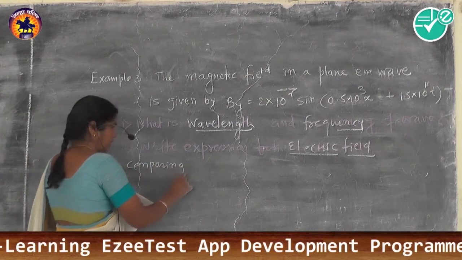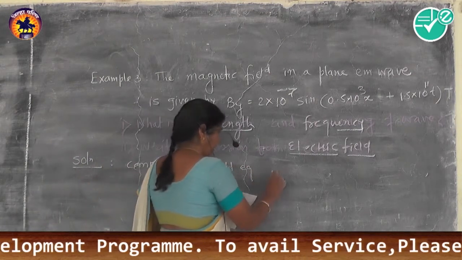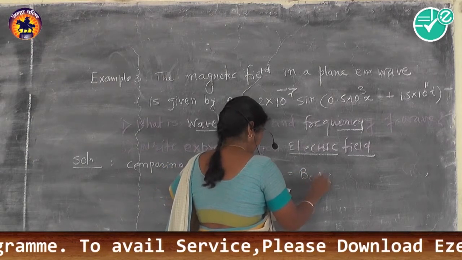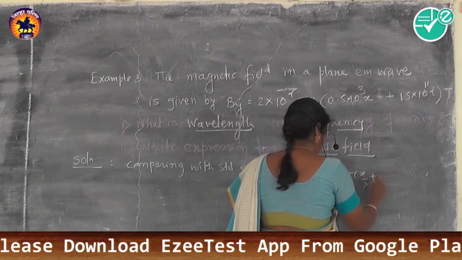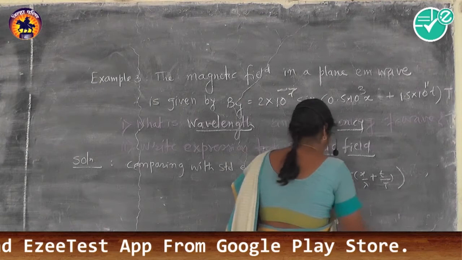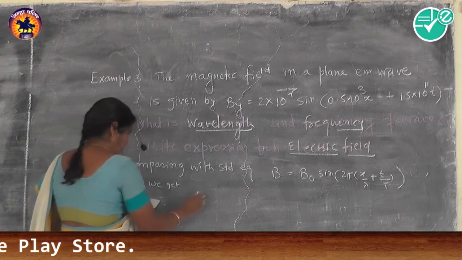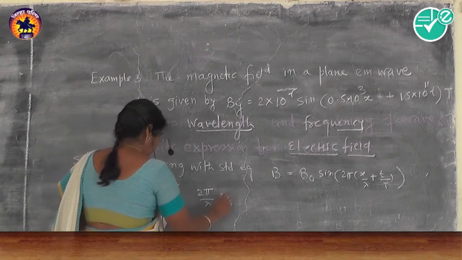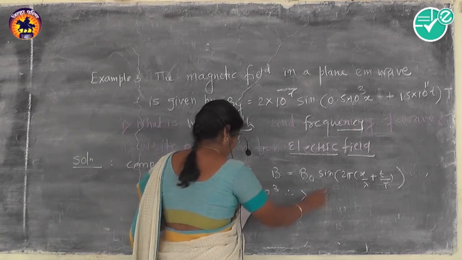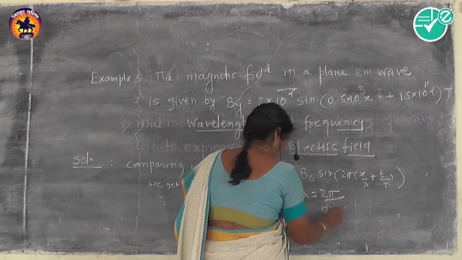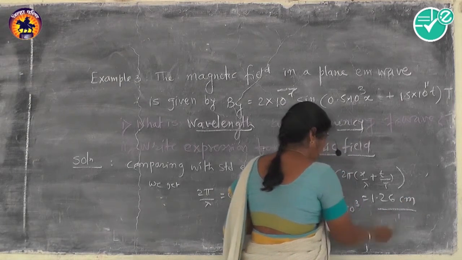Comparing with the standard equation, B is equal to B0 sin 2 pi (x by lambda plus t by capital T), we get the first answer: 2 pi by lambda is equal to 0.5 into 10 raised to 3, and therefore lambda is equal to 2 pi upon 0.5 into 10 raised to 3, which means 1.26 centimeter. This is the wavelength.